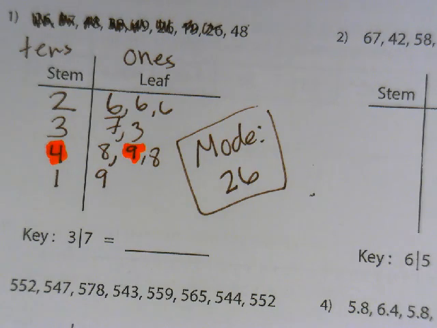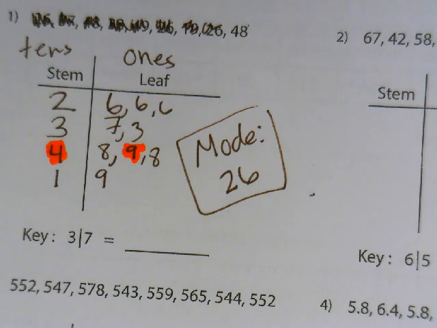All right, let's try number 2. How would you read this number? I care more about, do you know the mode? So let's start number 2. What's our first number? 67. So let's break up 67, Adam. Believe it or not, this is a 7th grade standard.